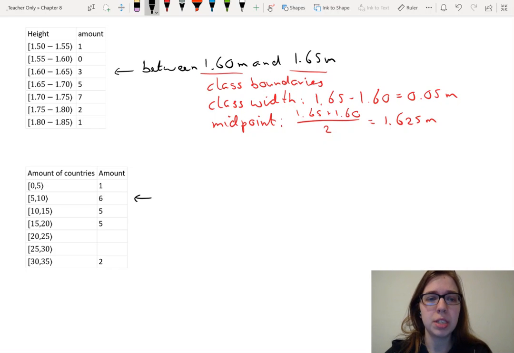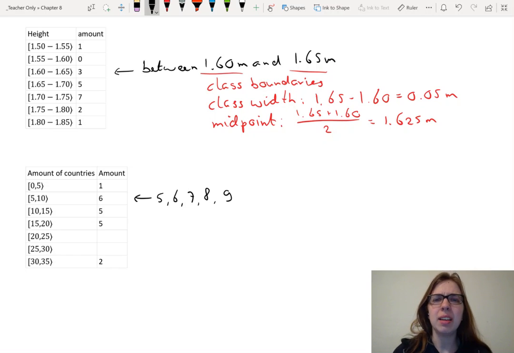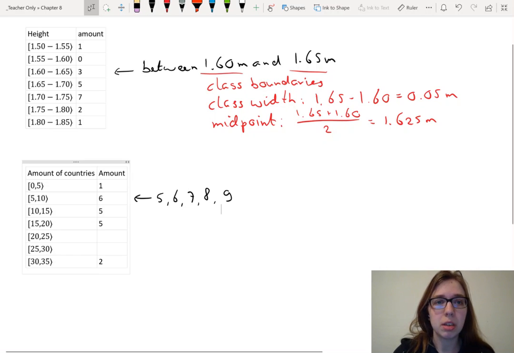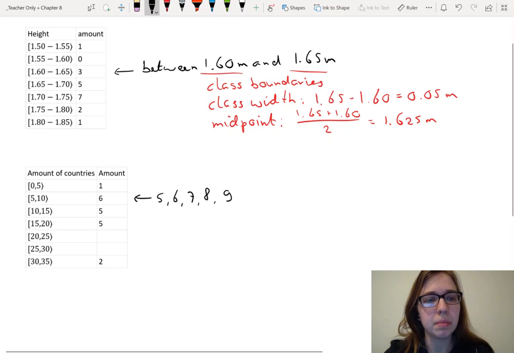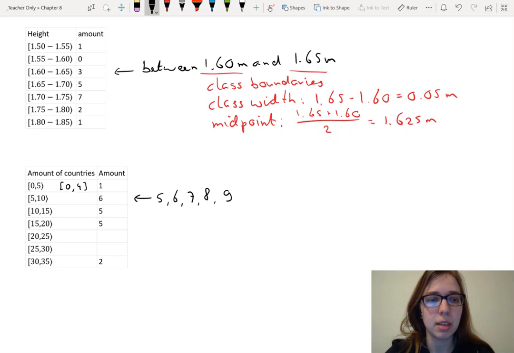So those are either 5 countries, 6 countries, 7 countries, 8 countries, or 9 countries. And a 10 doesn't really actually play a part. So instead, we might say that this interval is from 0 to 4, but with closed brackets. And this one then from 5 to 9, etc.